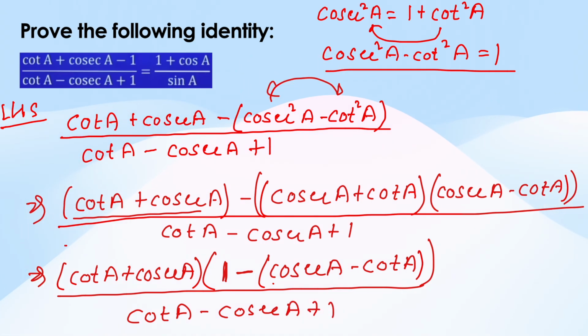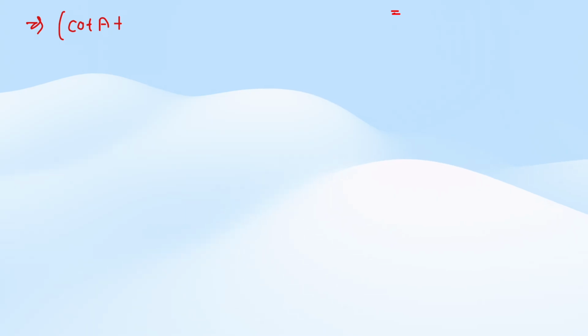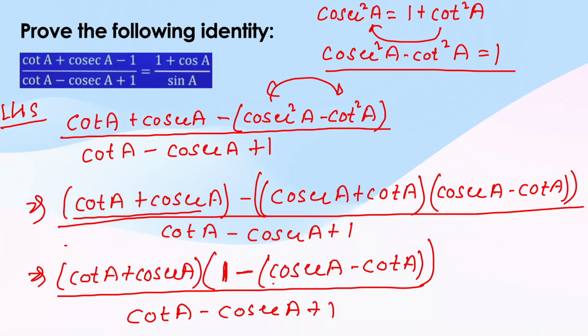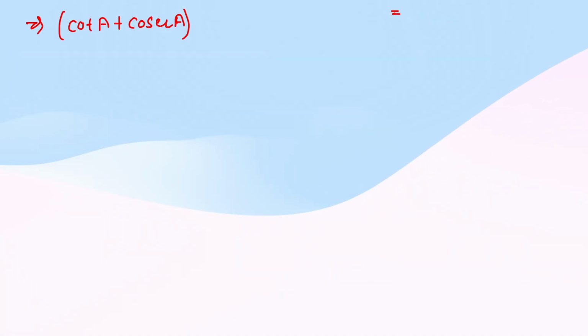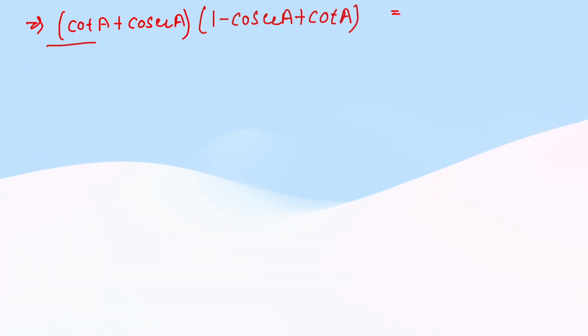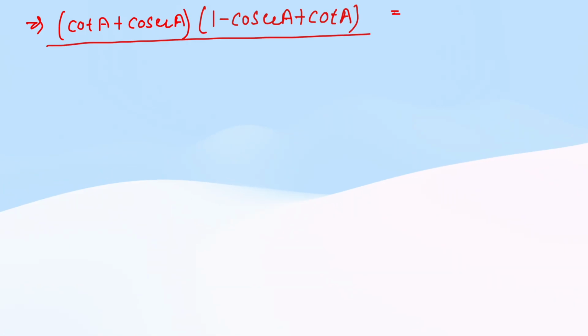Now let's solve. Cot A plus cosec A into 1 minus cosec A plus cot A. And what was the denominator?